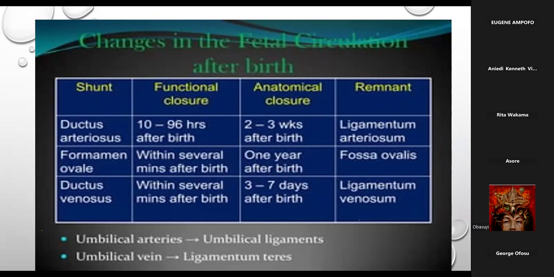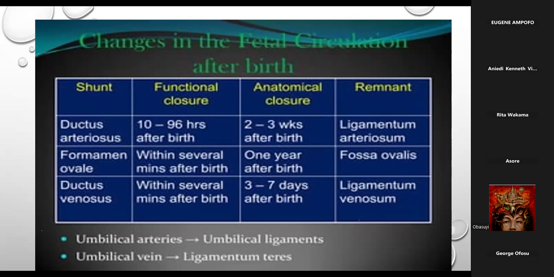For the foramen ovale, it closes several minutes after birth, and it takes 1 to 2 years to close anatomically and remains as the fossa ovalis. For the ductus venosus, it takes several minutes to close, and complete closure takes about 3 to 7 days. Some books say up to 3 months, and it remains as the ligamentum venosum.